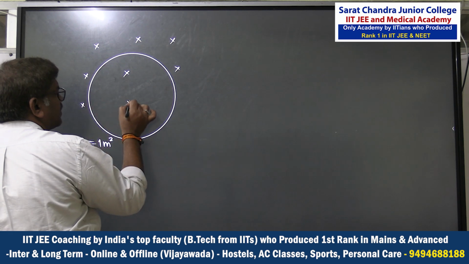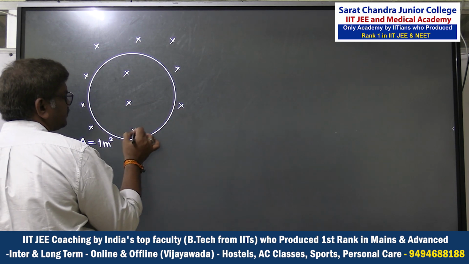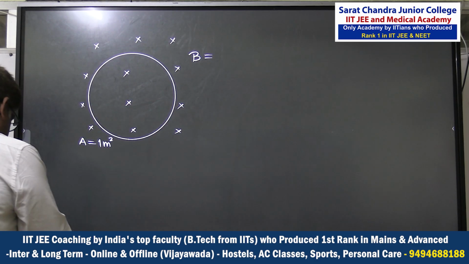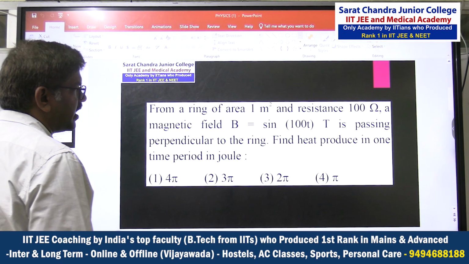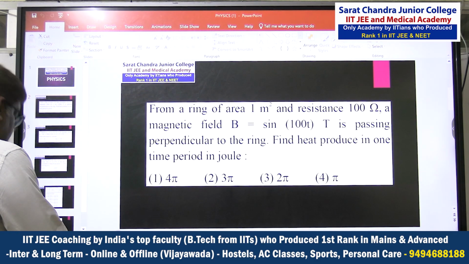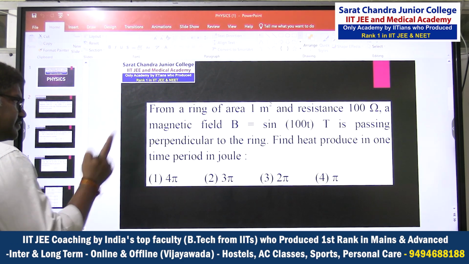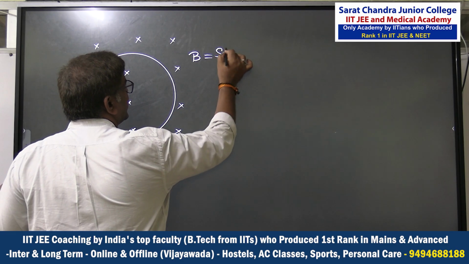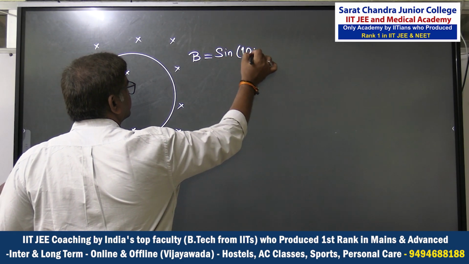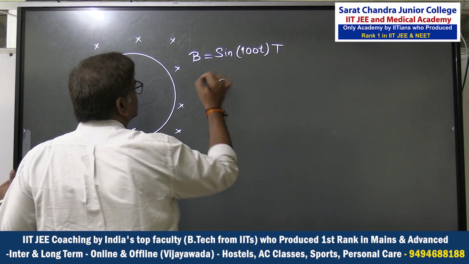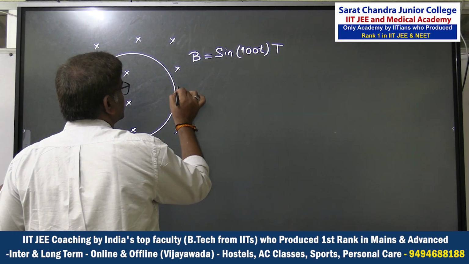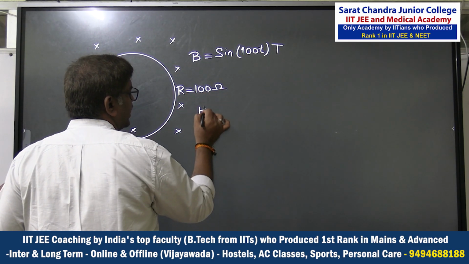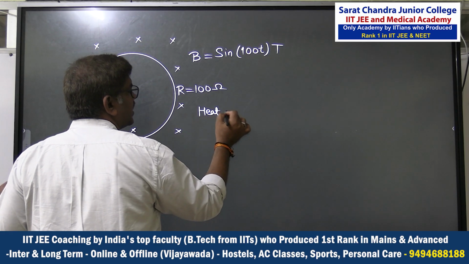B is equal to sine 100t Tesla, and its resistance is also given to you as 100 ohm. They are asking what is the heat generated in one time period.